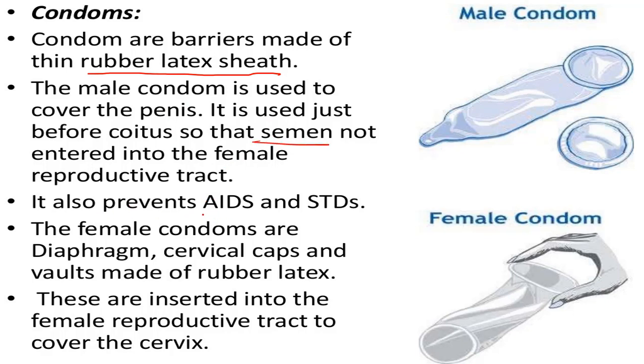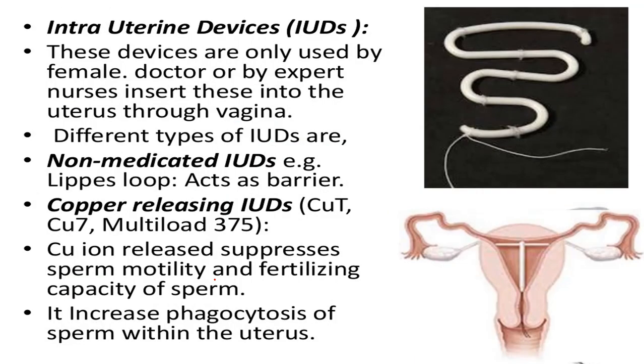It also prevents AIDS and sexually transmitted diseases. Then female barrier methods are basically diaphragms, cervical caps, vaults, etc. They are inserted into the vagina to prevent the opening of the cervix. If the cervix does not open, the sperm cannot reach the fallopian tube and there will be no fertilization.